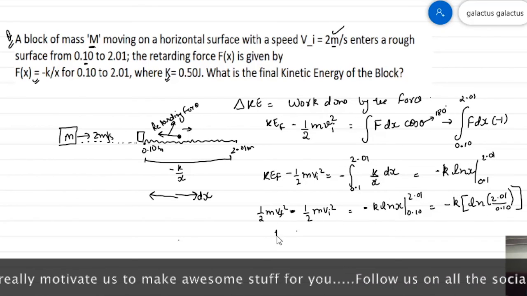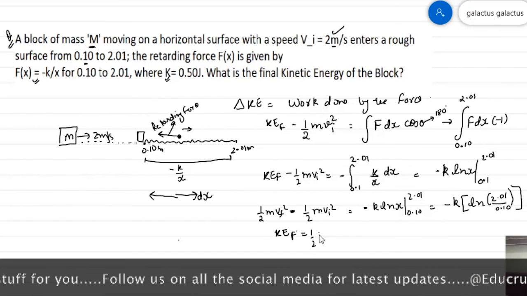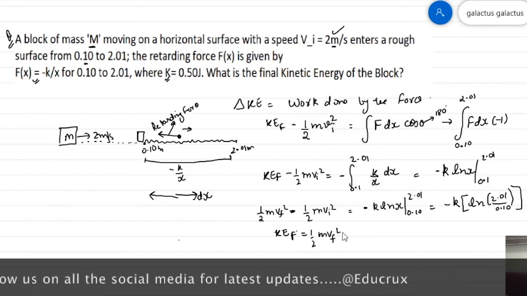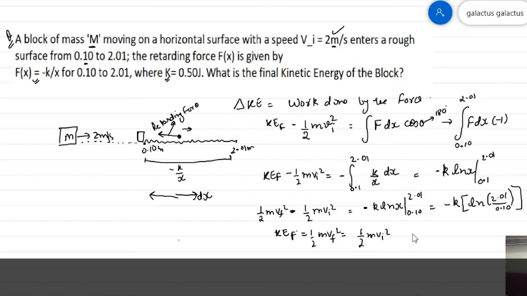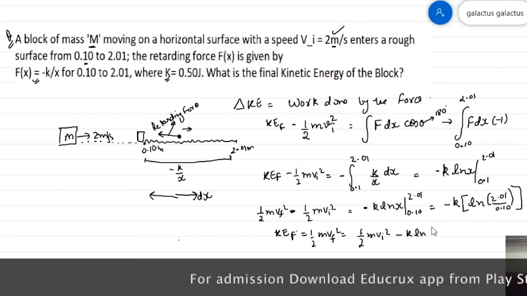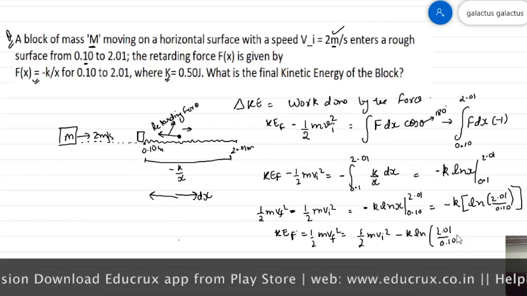Okay, so kinetic energy final, or half m vf square, is equal to half m vi square minus k ln x, that is 2.01 to 0.10.